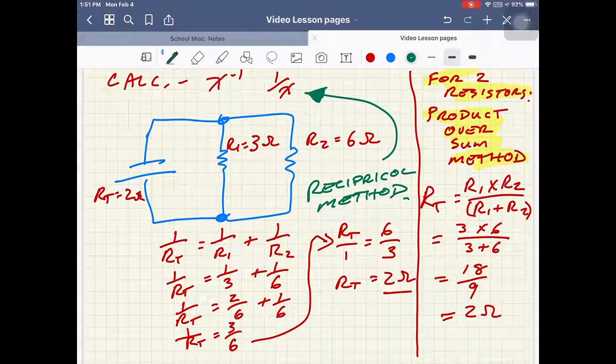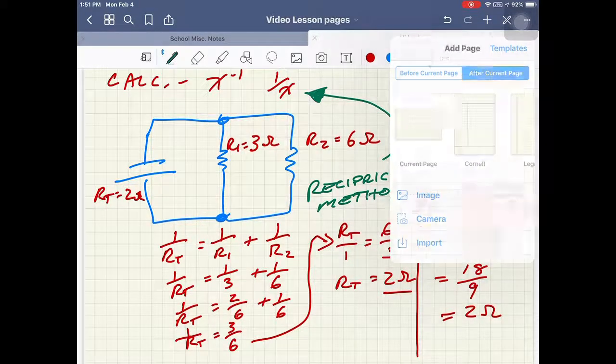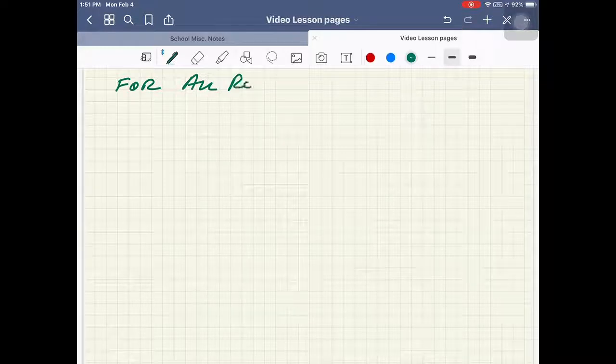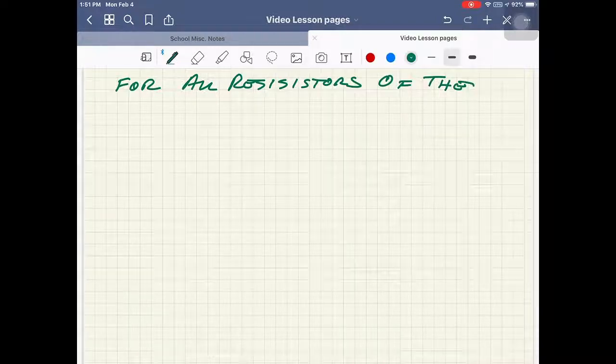There's another common method that we can do. Let's add another page here. And that is if you have resistors of the same values. So this is going to be for all resistors of the same value.